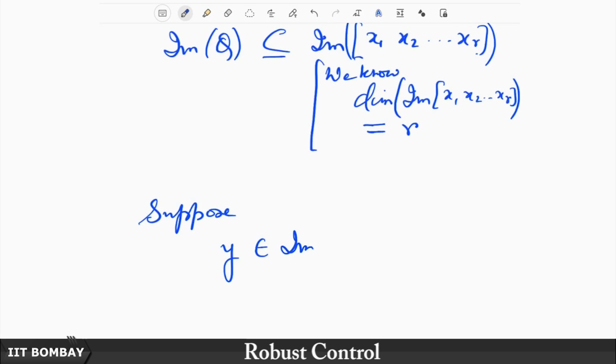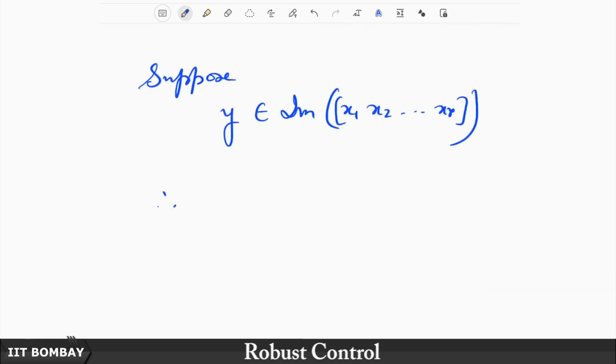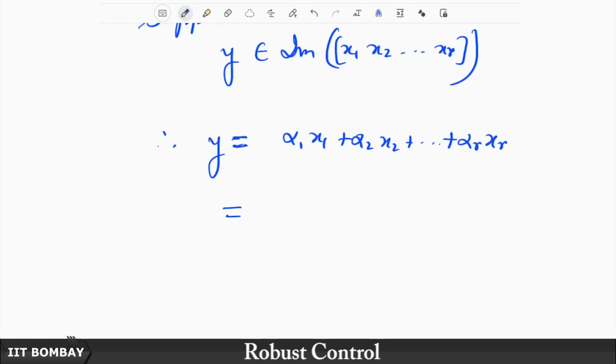So, suppose y belongs to the image of x1, x2 dot dot dot till xr. Therefore, y is equal to, let me use some other variable, alpha 1 x1 plus alpha 2 x2 plus dot dot dot till alpha r xr. So, therefore, I can safely write this as y is equal to x1, x2 dot dot dot till xr, xr plus 1 dot dot dot till xn.